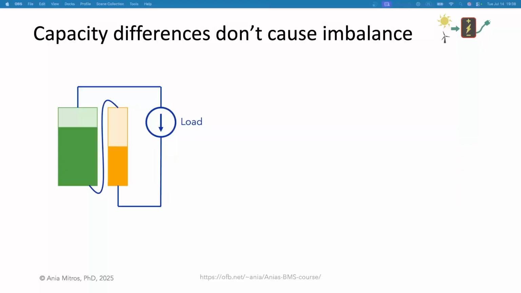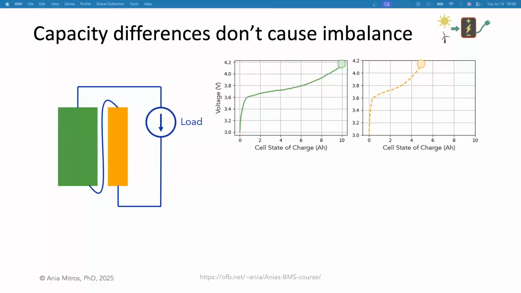When the smaller capacity cell is at 50%, the higher capacity cell is still at 75%. If all we look at is voltage, it appears that we have an imbalance. But when we charge again, the two cells reach top of charge concurrently. So in fact, this battery pack is balanced, top balanced to be precise.